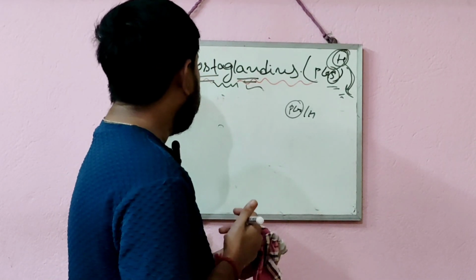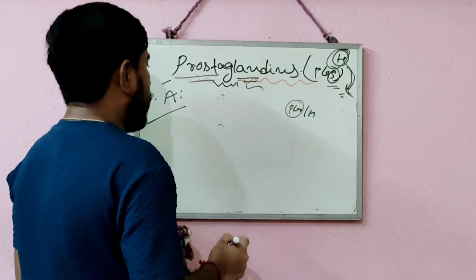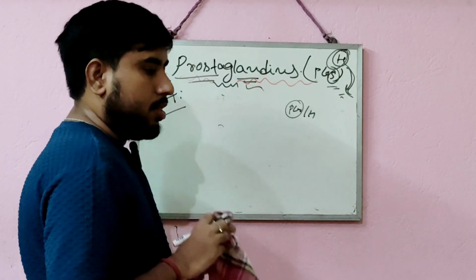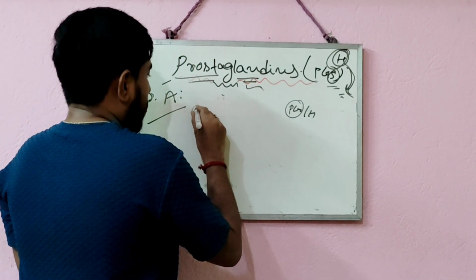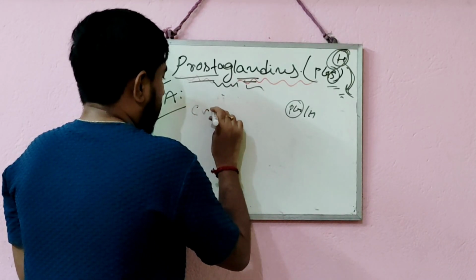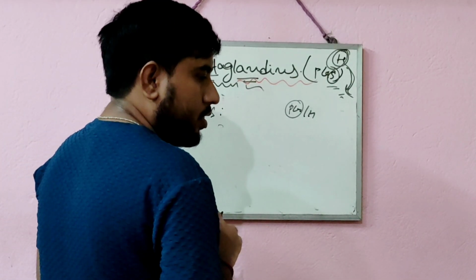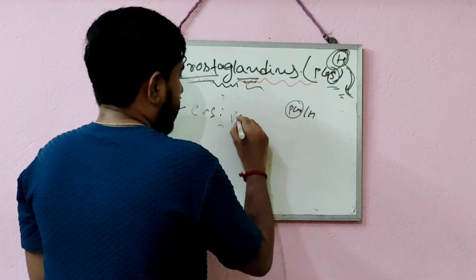In all of these we will study the specific action of prostaglandin at specific sites of our different systems. So first we will discuss the physiological action of prostaglandin in the cardiovascular system. In the cardiovascular system, it generally acts as a vasodilator.